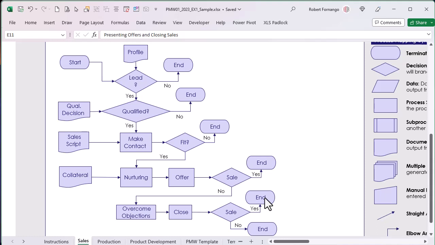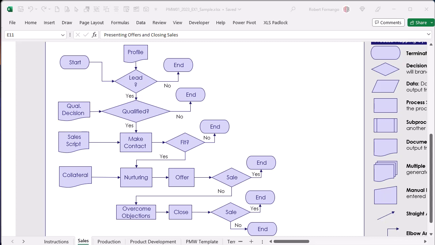In the last video, when we created this process map, we had a sales process that included lead generation, qualifying prospects, nurturing them through the sales funnel, and then eventually closing the sales. If you need to review the process map worksheet, sample workbook that was provided with the last video, you can for additional details.